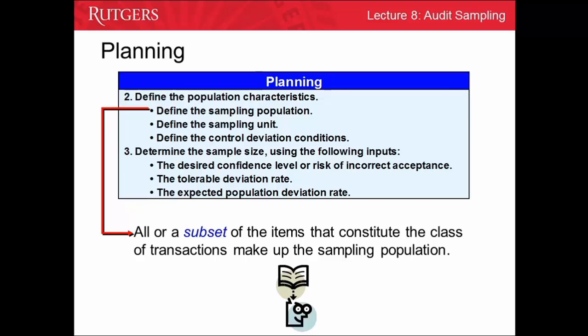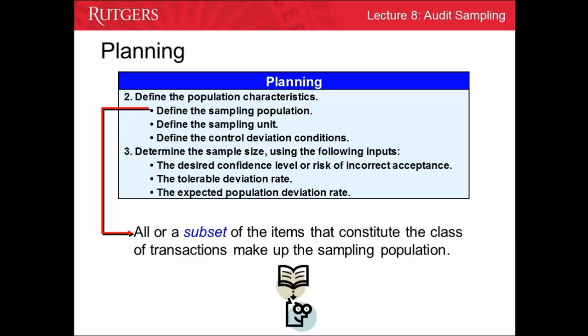And then the second step in planning is to define the population characteristics. To achieve the test objectives, the auditor must carefully consider the characteristics of the sampling population. The first stage in this step is to define the sampling population.